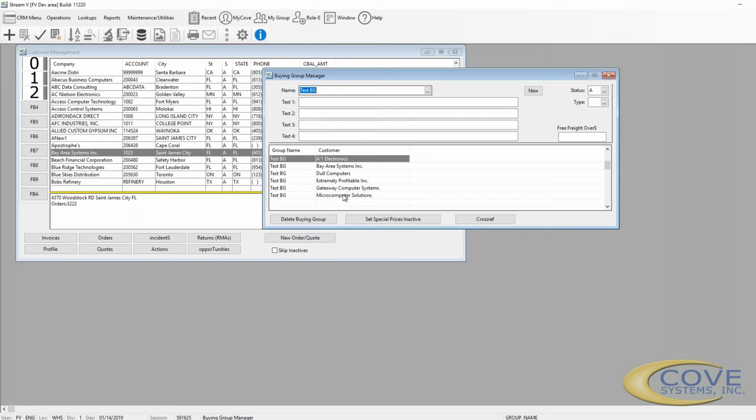Buying groups can also be used if you're setting up certain special pricing arrangements and you want those special pricing arrangements to be valid for a number of companies that don't have any relationship to each other, either ownership or have banded together, but you want to treat them the same.